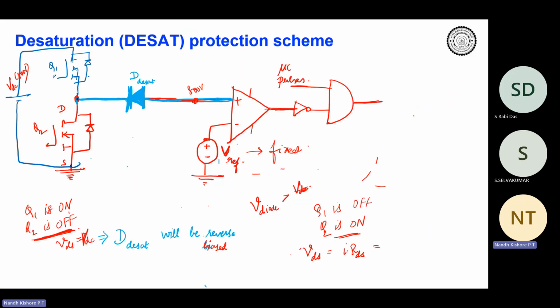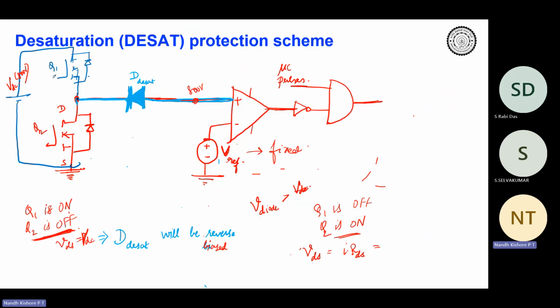Since you are directly sensing the voltage across Q2, what might happen is that your entire VDC voltage is going to appear across the comparator, and it will result in a catastrophic failure, right? So the idea is you don't want this overcurrent protection circuitry to operate when the voltage across Q2 is high, that is, when Q2 is turned off, because it doesn't make any sense to sense overcurrent when the device itself is off, right?